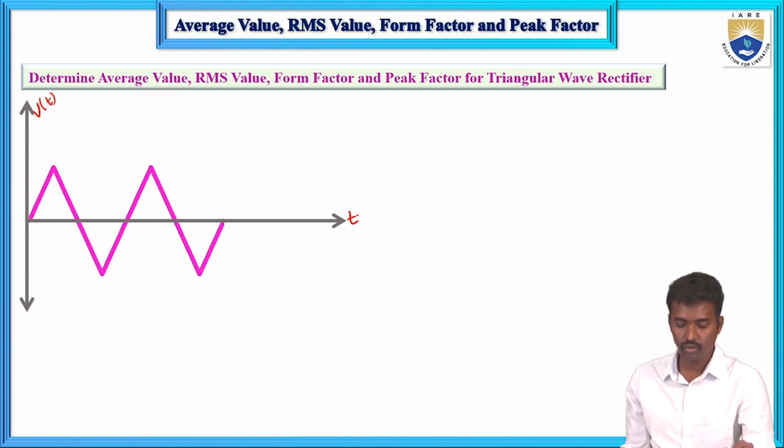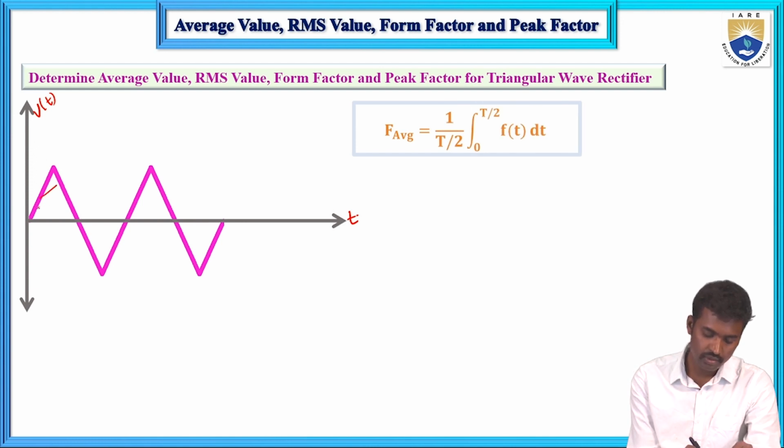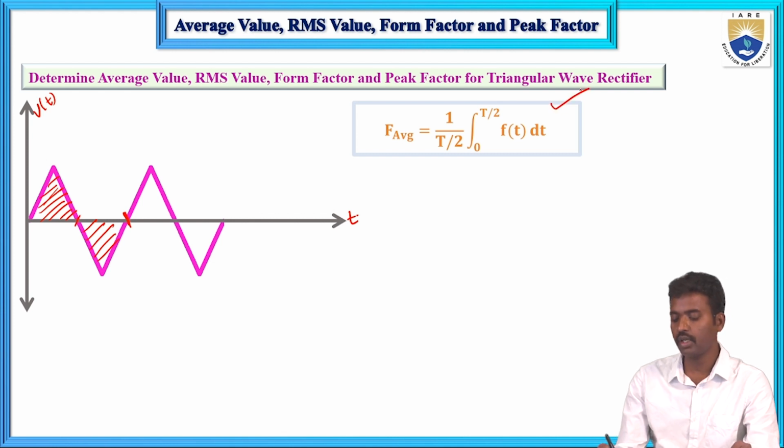Here the limits are the same. One complete cycle is up to here, and the positive half cycle and negative half cycle are the same, which means it is symmetrical.